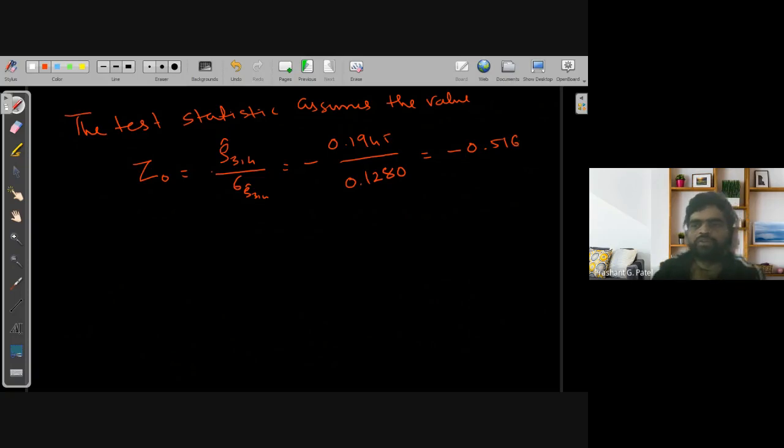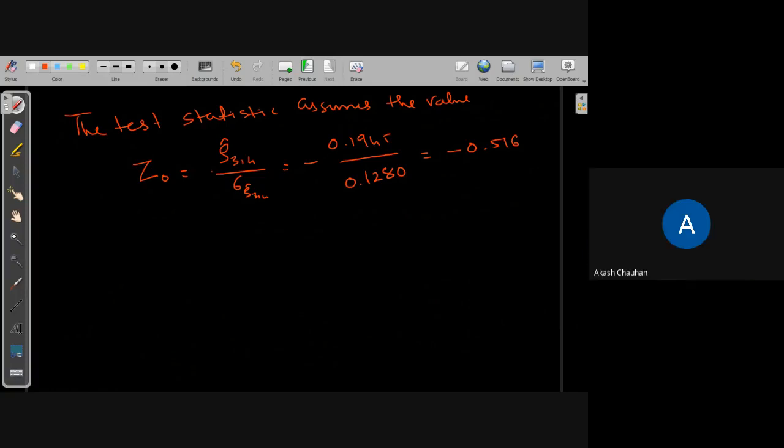So this is what we got, and we need to check it against the critical value table. I will just draw that table in front of you. This value should be greater than 1, no? The denominator is smaller than the numerator, so it should be greater than 1.